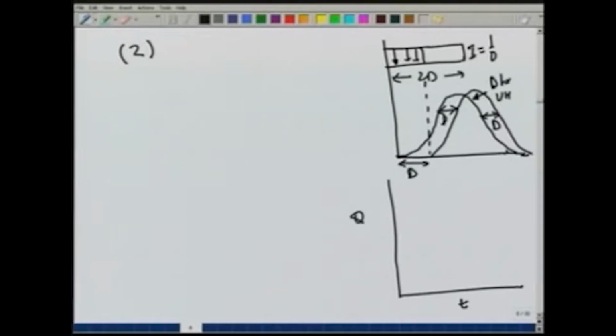For example, in this case up to D, the curve would look exactly the same as the UH because there is no second curve, but beyond that we need to add these two and get a different curve.